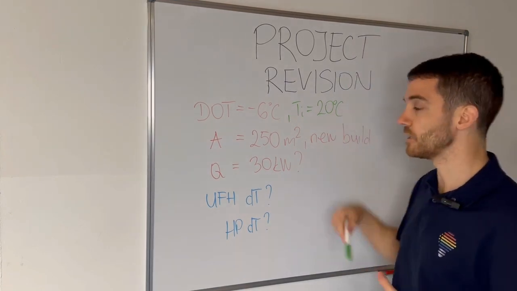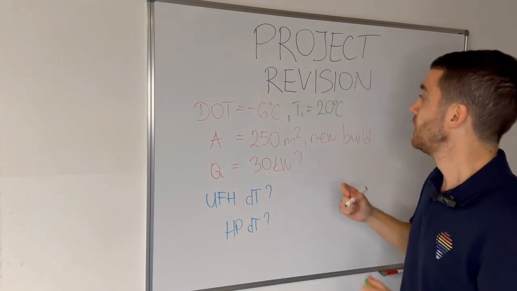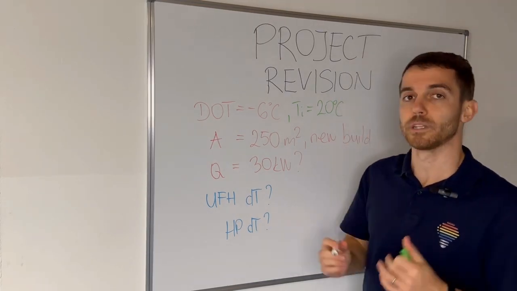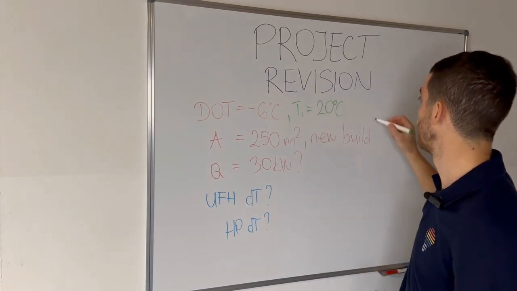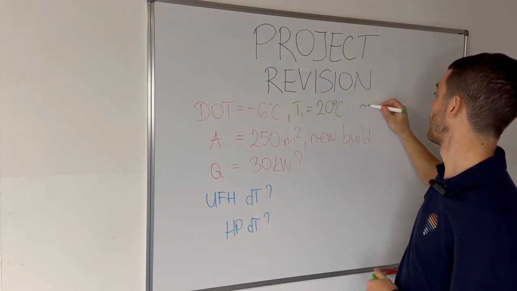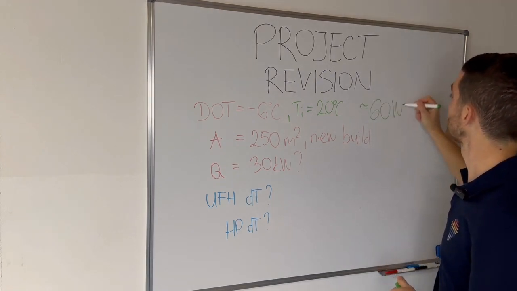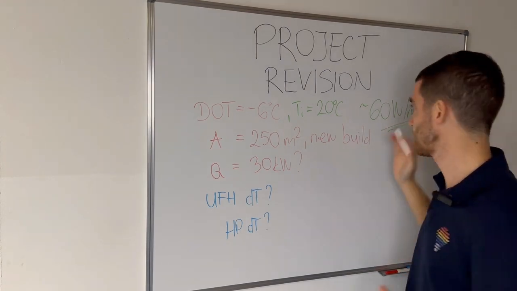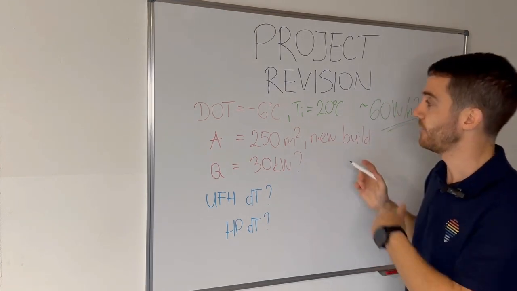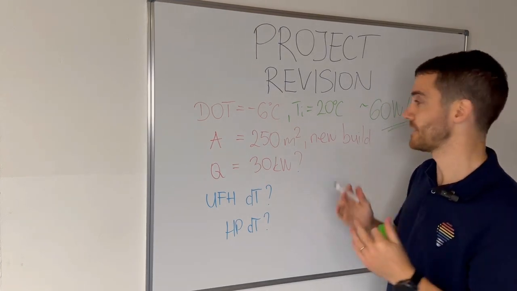And if you put in everything I mentioned, you will hardly have more than, let's say, at -6 or -7 or -8, around 60 watts per square meter. This is an approximation. This is more or less what you will have at -10, let's say.